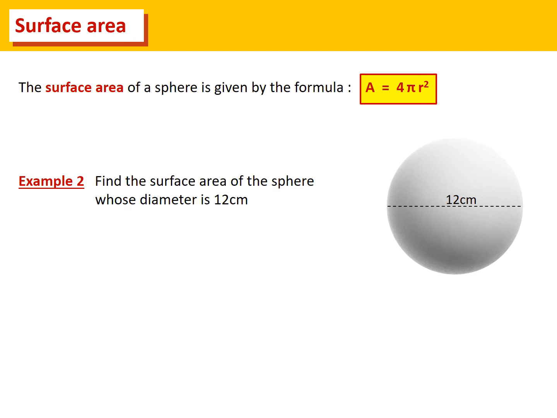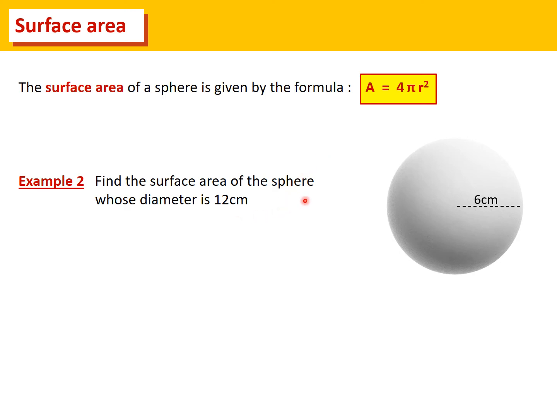Here in example 2, find the surface area of the sphere whose diameter is 12 centimeters. Once we have a diameter of 12 centimeters, we convert that into a radius of 6 centimeters because it's the radius that we need for our area. Note what we can't do, we cannot use 12 in our formula and then just divide the answer by 2 at the end.